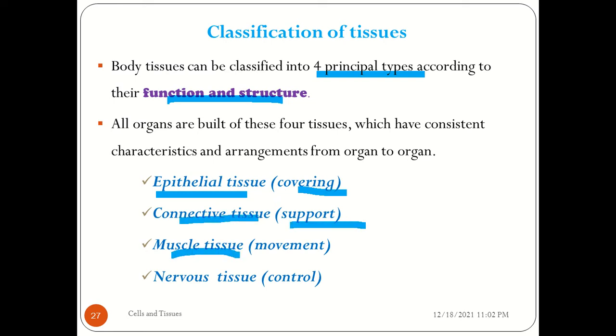The other is muscle tissue, which helps us with movement. And the 4th type is nervous tissue, used to control, coordinate, and facilitate our body movement. So we have 4 principal tissues in the human body.